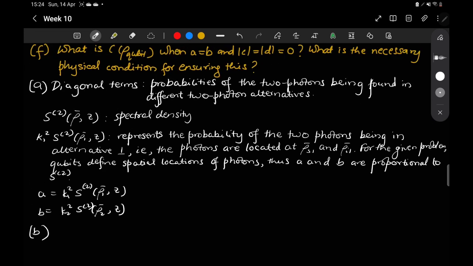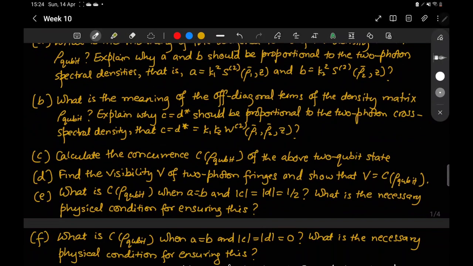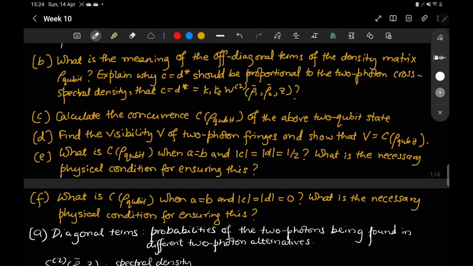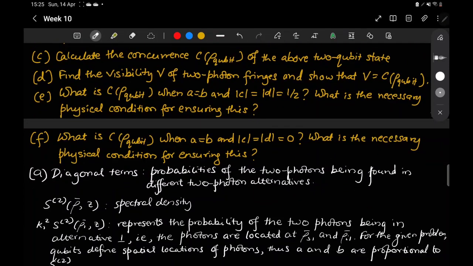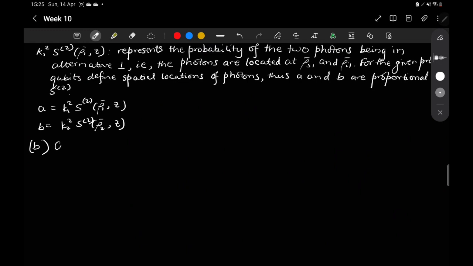Next part. This part is about the same question but for off-diagonal terms. What is the meaning of off-diagonal terms of the density matrix? And then we need to explain why C equals D star equals K1 K2 W rho 1 rho 2 Z. So off-diagonal terms represent coherence between the alternatives.